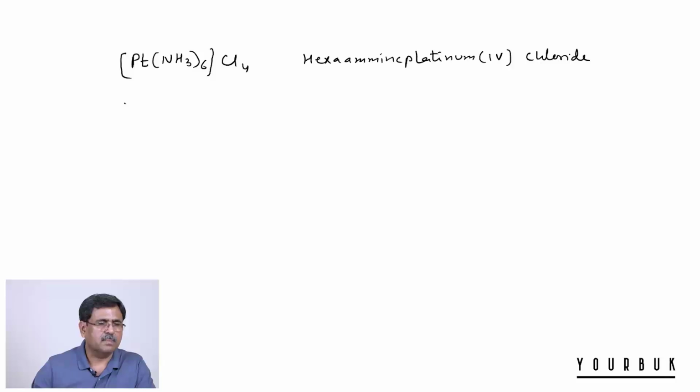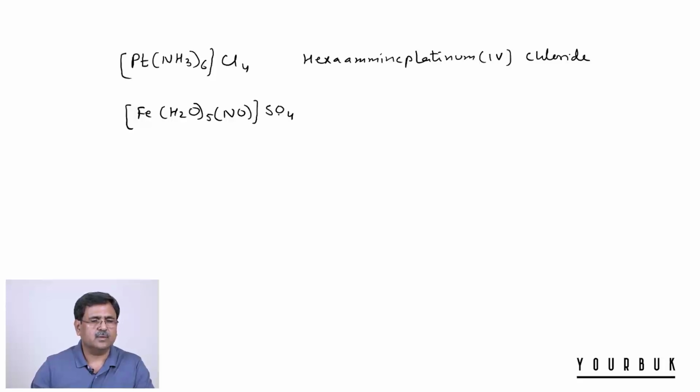Now next example, it is [Fe(H2O)5NO]SO4. So again the complex is cation, and there are 2 different ligands present.